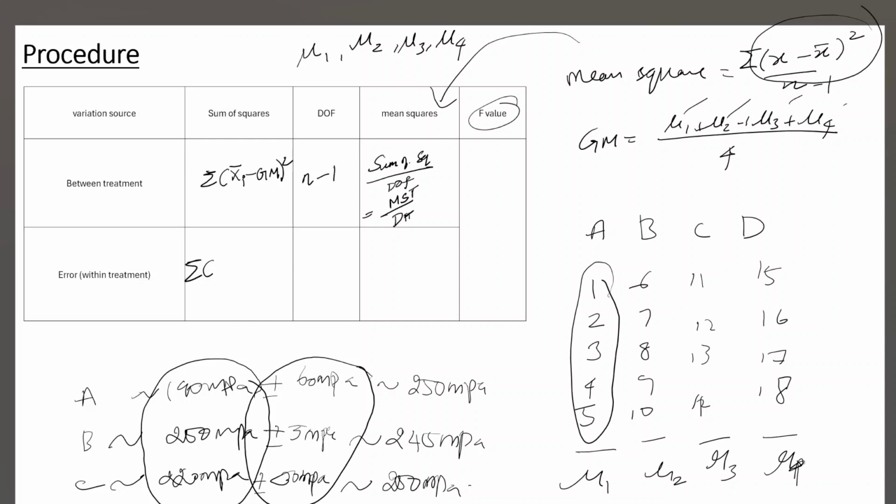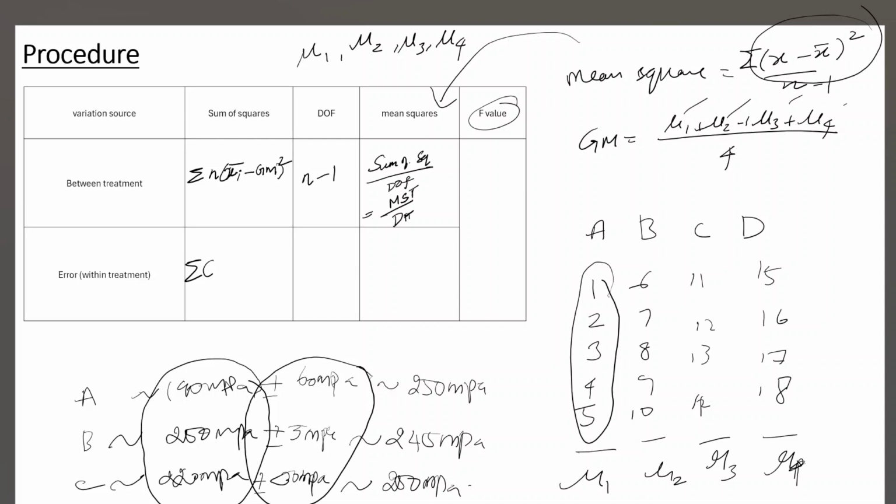Okay, the sum of the squares between the treatment is given by n into the summation of (x bar minus grand mean) whole square.